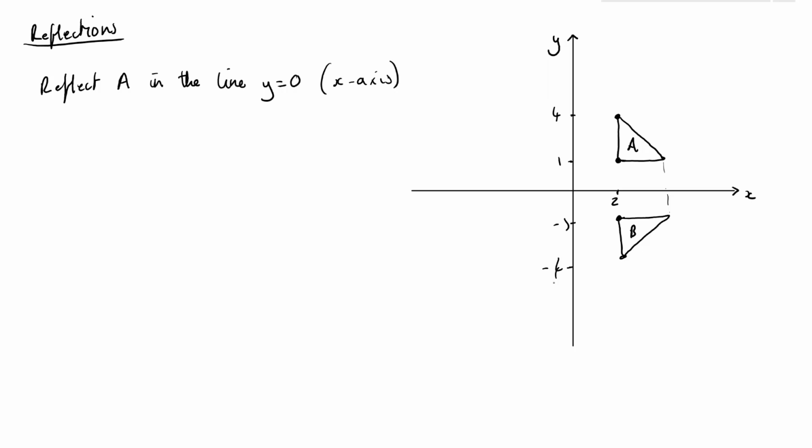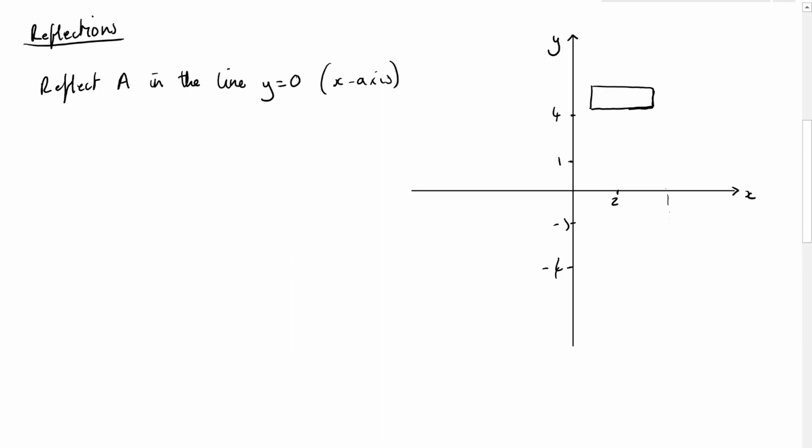But the line y equals 0 is quite a nice example. Sometimes they might tell you to reflect it in the line y equals x maybe. Now if we get rid of these shapes and have a look at how I would reflect something in y equals x, let's make it a nice one to understand, a rectangle up here.